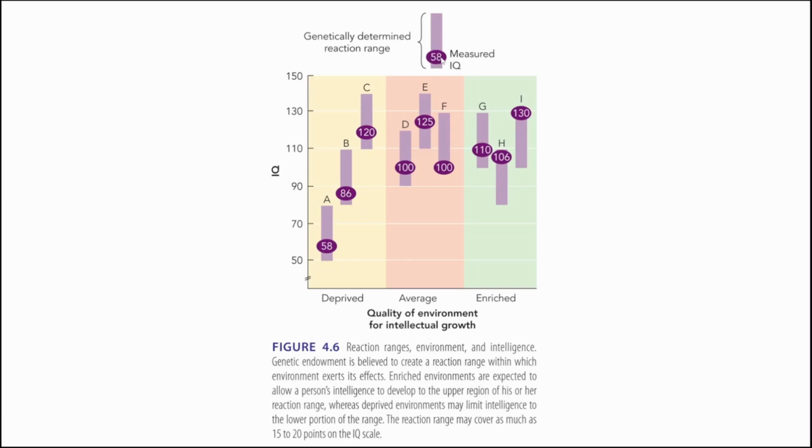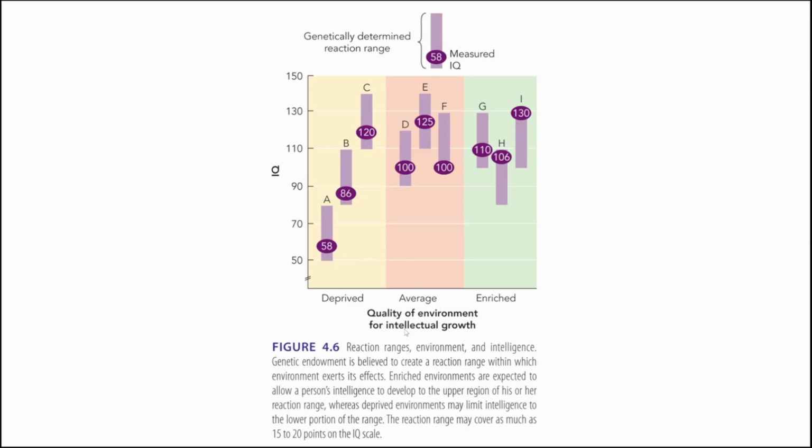And then their environment is going to say, all right, in this range, where is this person going to fall? Because they're very low within that range, that gives us a hint that they might be in a fairly deprived or non-boosting environment. And in fact, at the bottom here, we can see some examples, that looks to be this individual here maybe. But we have three different kinds of environments.